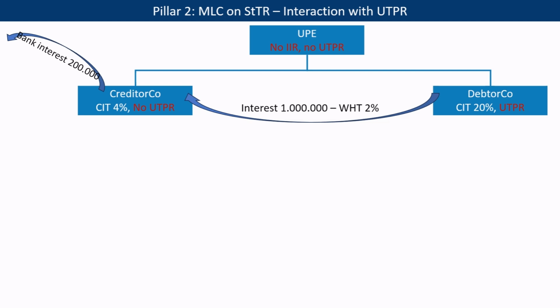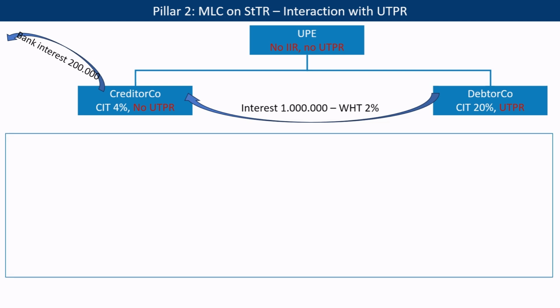So what you see here is we assume there are no other subsidiaries in this group and no other countries involved. You can see that the debtor-co country can end up in a situation where it can collect both STTR from creditor-co and it can levy additional top-up tax from debtor-co because the UPE and no one else in the group paid any IIR, or income inclusion rule top-up tax.